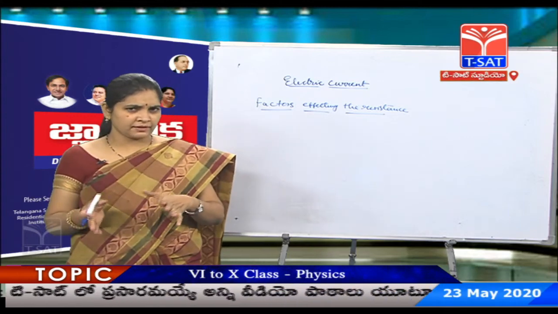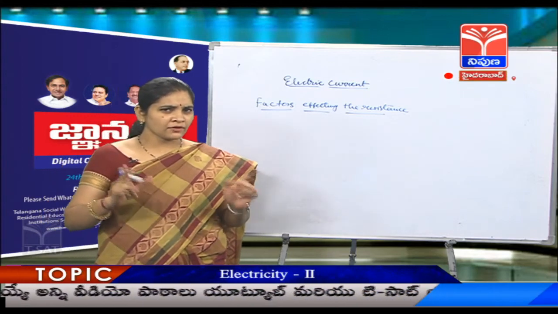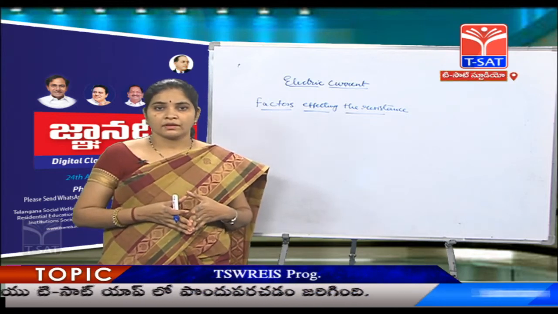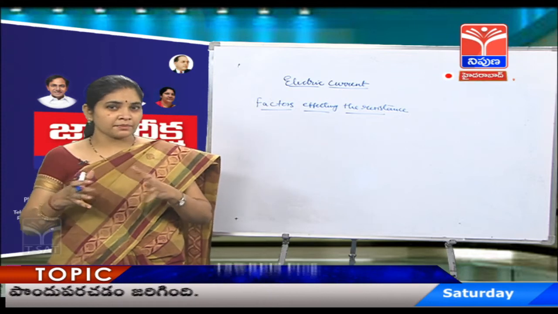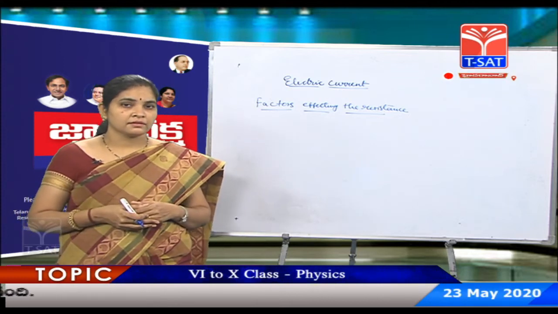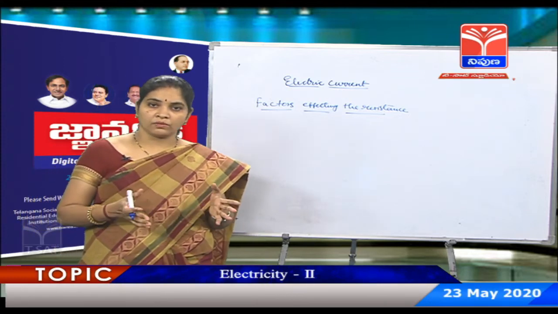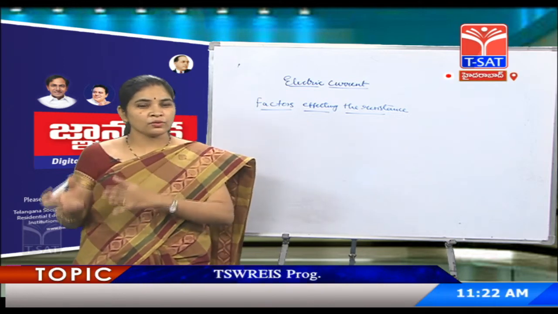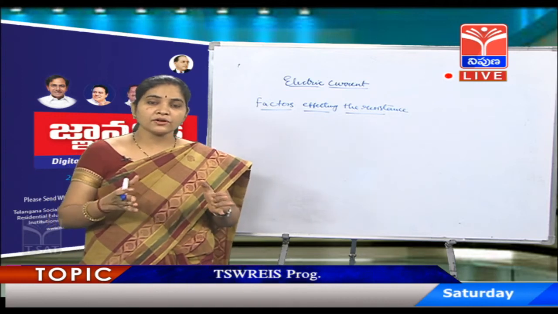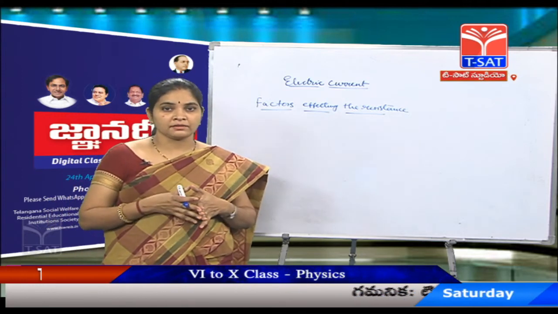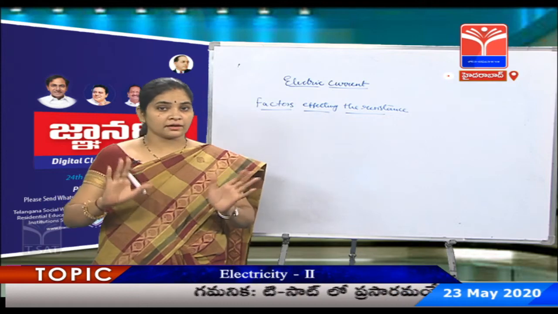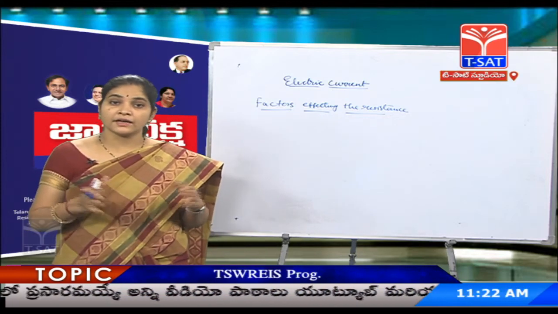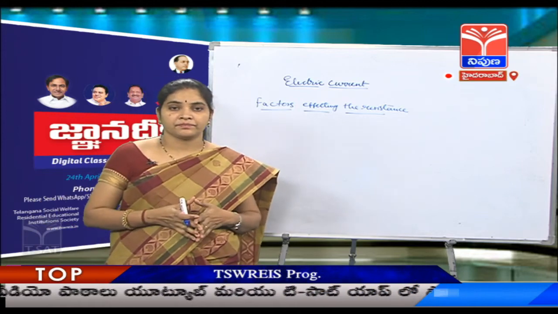What will happen if the filament of the bulb is made up of copper? Does the bulb emit light? No, because copper has low resistance. Electrons move freely in the copper and the copper wire does not turn red hot on passing electricity and it will not emit light.